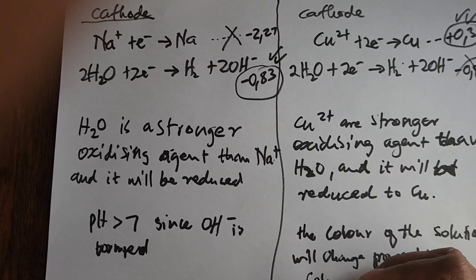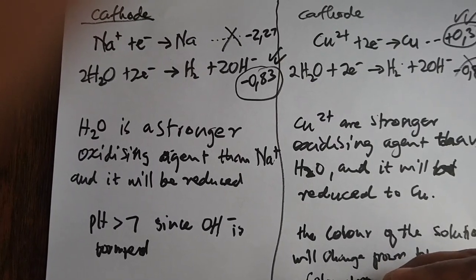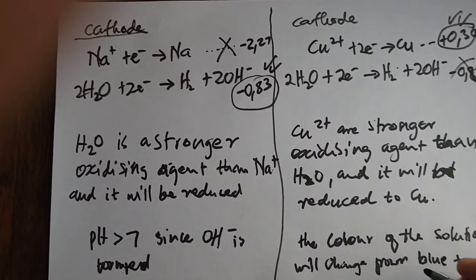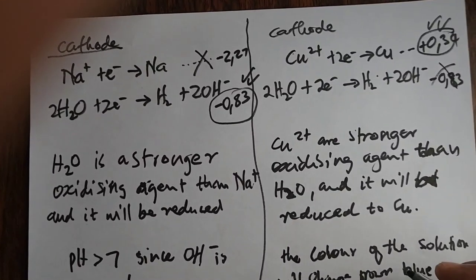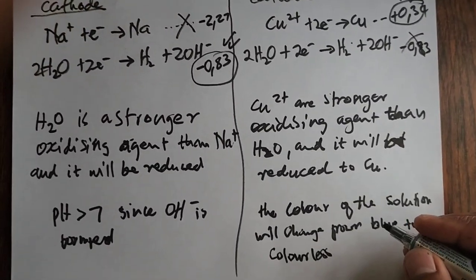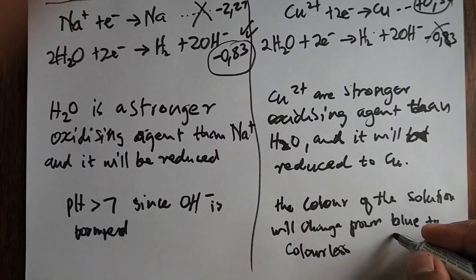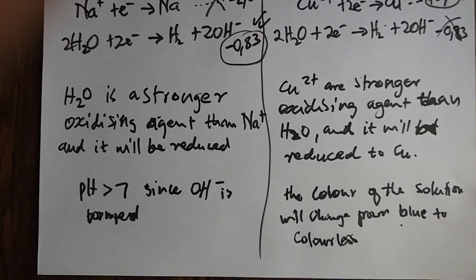We know the blue ions in the solution are the copper ions. Copper ions are blue in color. Therefore, that will be the observation in the cell.